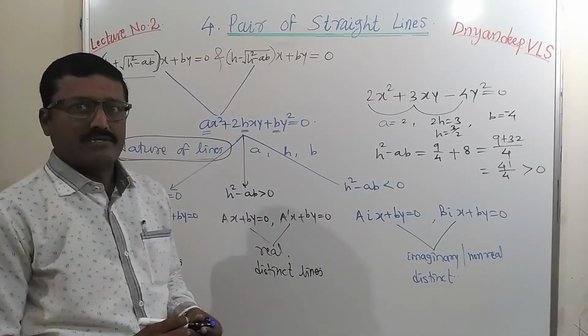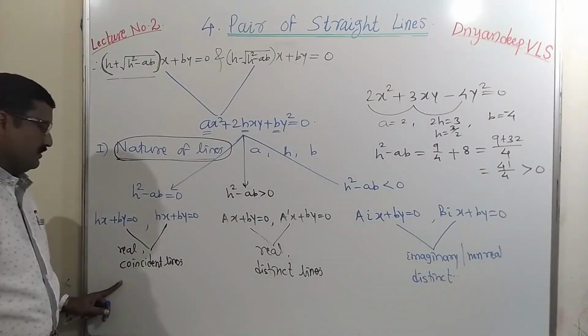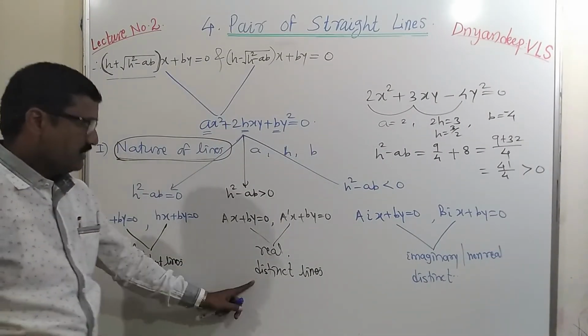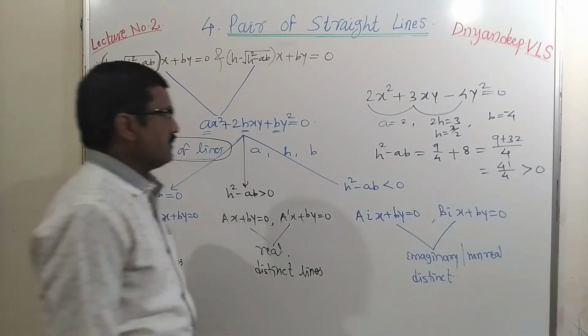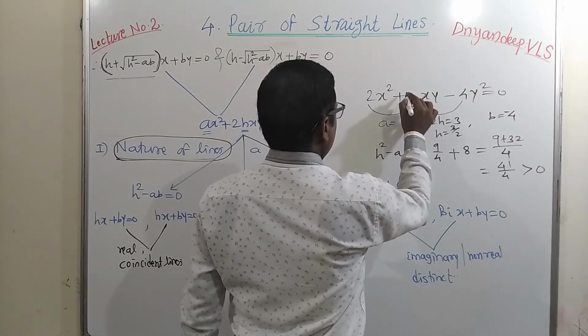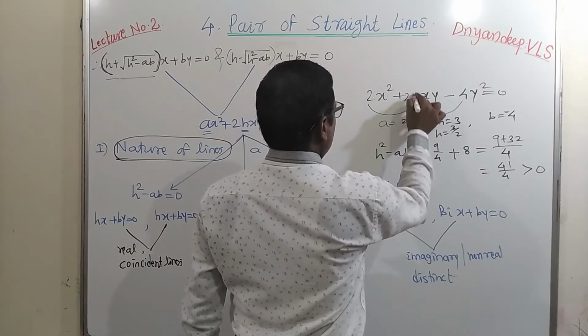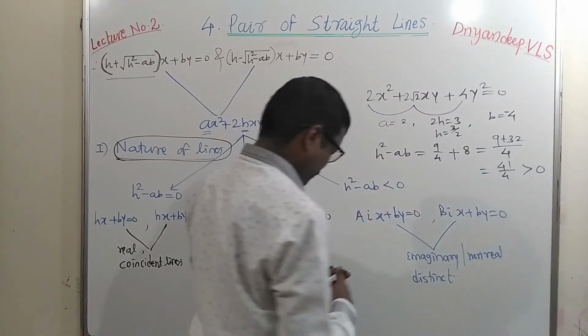So as h square minus ab is positive, now this equation represents two real distinct lines. Okay, is it okay?